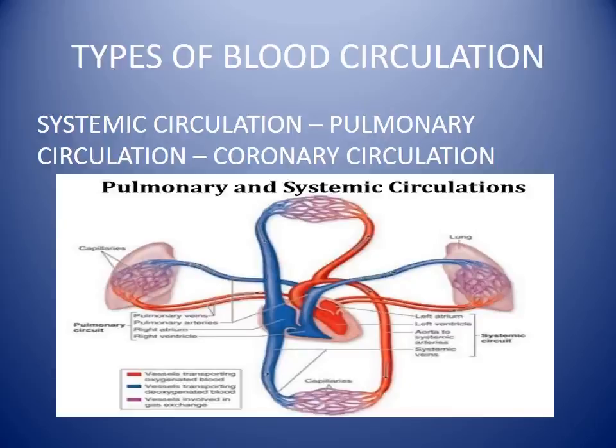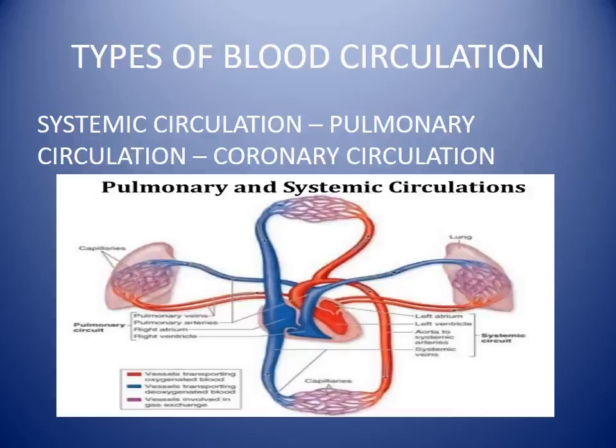The cardiac muscle gets blood from the heart. That means the supply of blood to the heart muscles is called coronary circulation. Simply, from the heart blood is coming and supplied to the cardiac muscles.